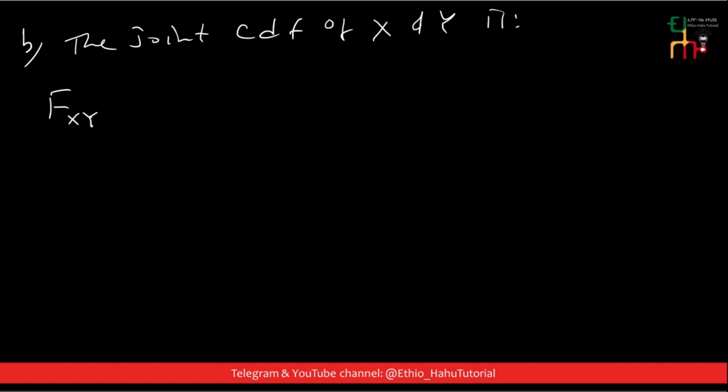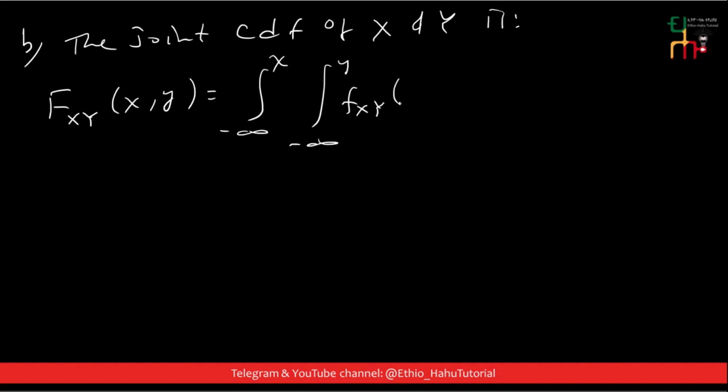Part b asks: find the joint cumulative distribution function. The joint CDF of x and y, F_XY(x,y), is equal to the integral from negative infinity to x of the integral from negative infinity to y of f_XY(x,y) dy dx.